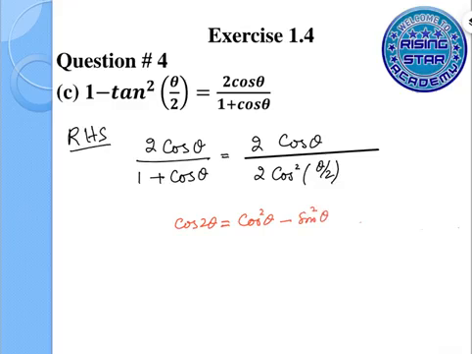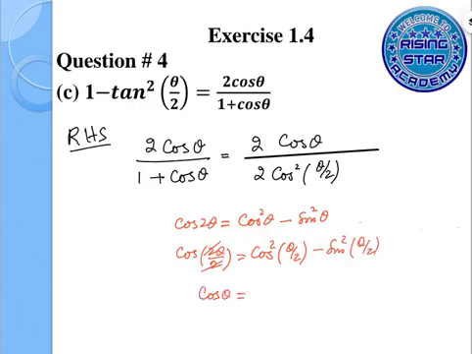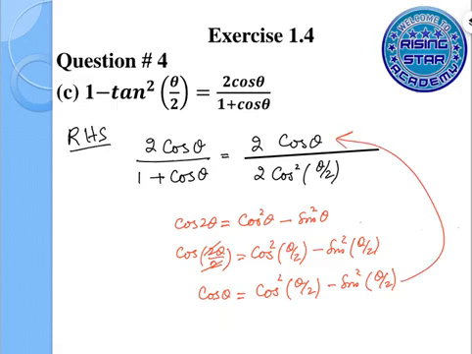When we make the angle half by dividing the angle by 2, so now we have cos of theta is equal to cos square of theta by 2 minus sine square of theta by 2. Now I will replace this value in place of cos theta. So we'll see in the next step.